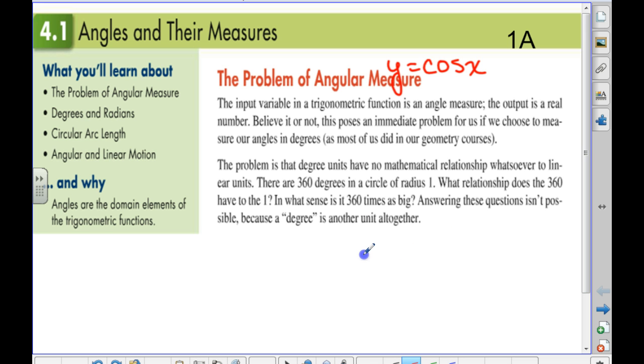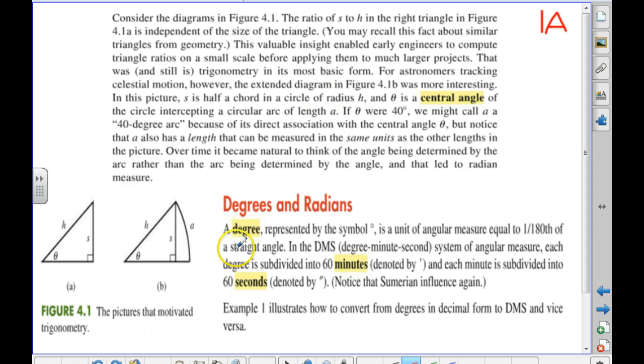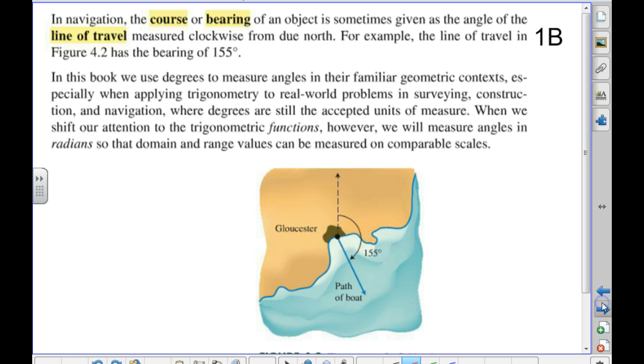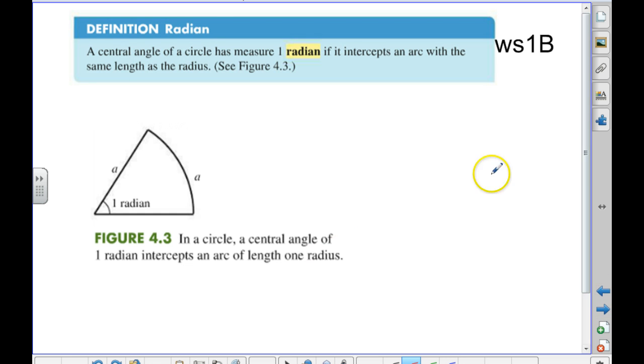So radians are these incredible units that appear and disappear, I like to call them. They're magical, okay? When we measure in radians, the definition is, let me go on to this page, okay?